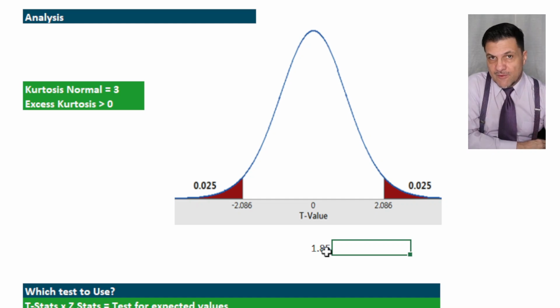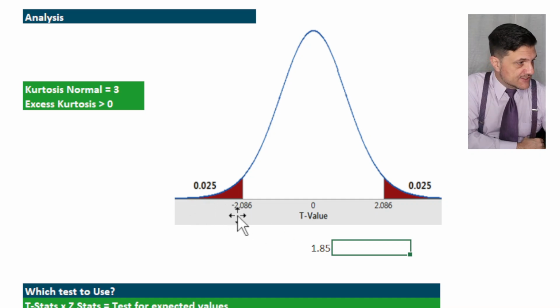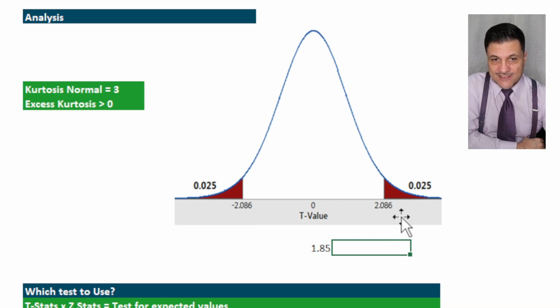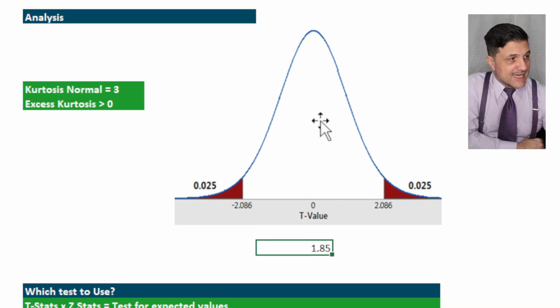Well, if you remember what I said, if your calculated number is lower than the critical value, the predetermined value, in this case 2.086, negative 2.086 positive, your number is right inside the range. 1.85 is somewhere after the 0, somewhere here. Therefore, you fail to reject.